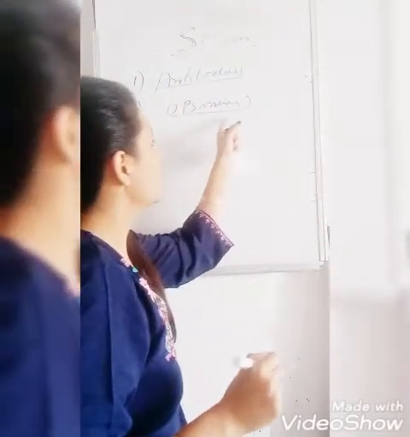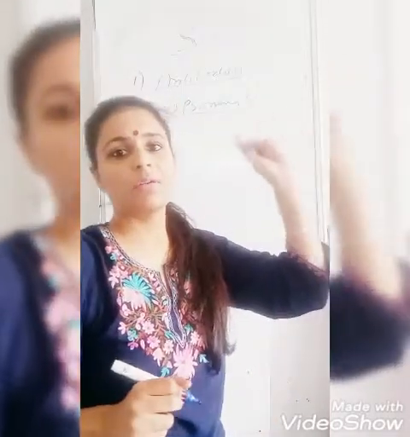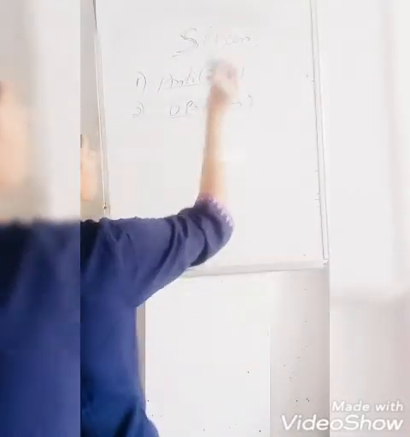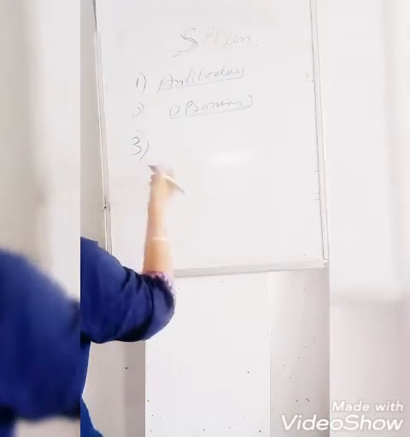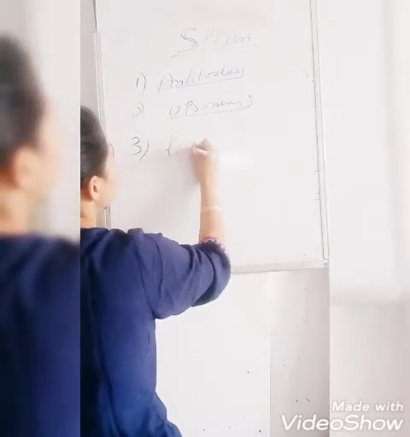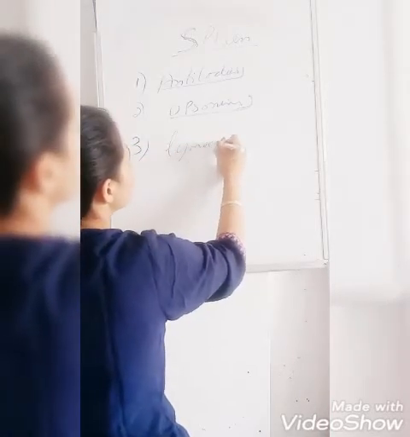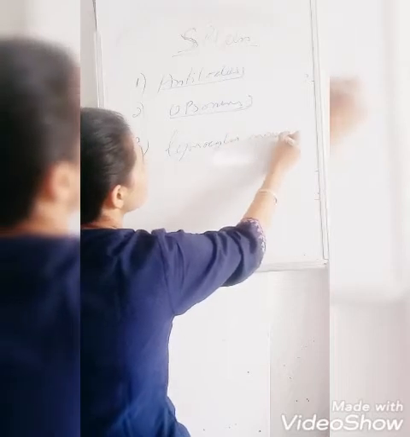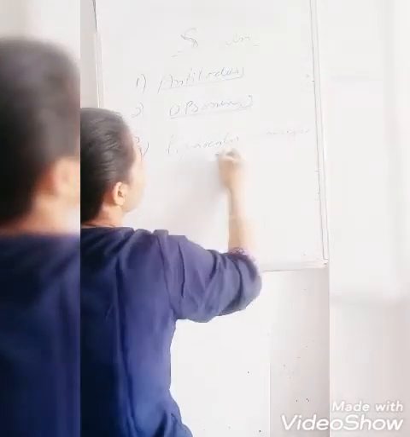These are the antibodies which work against bacteria and viruses. Then it produces lymphocytes, monocytes and plasma cells.